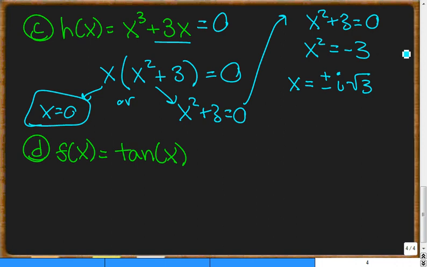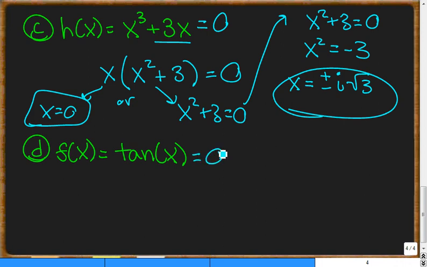Now, we'll work on this later as far as how you get your quadratic formula to give you these answers, but all of these are zeros to our function. However, this is the only intercept that you'll see.